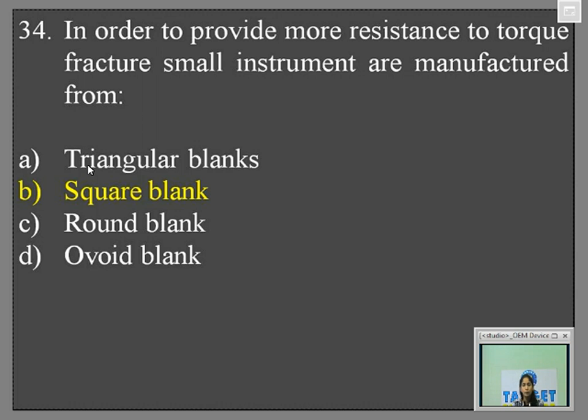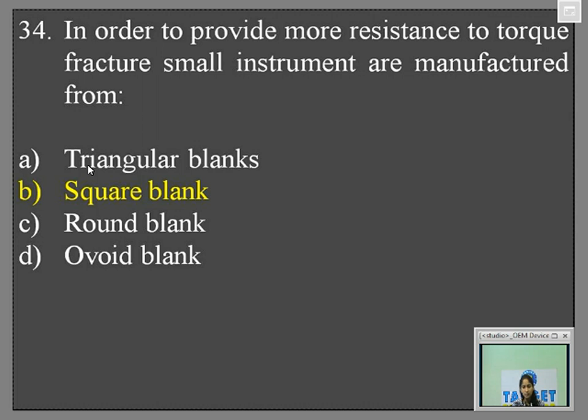Have you written this down? Very commonly they will ask which has more number of flutes, which has lesser number of flutes. So which will have more number of flutes and which will have less? Your reamers which have triangular cross sections have lesser number of flutes, and that is the reason why they have better cutting efficiency, because they can take a lot of dentine debris between their flutes.